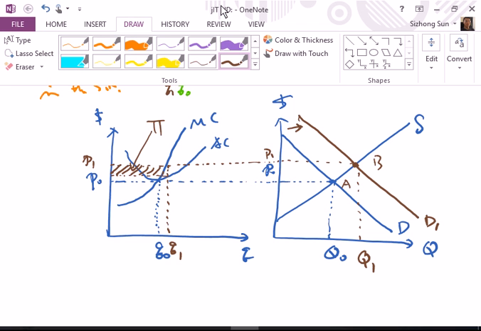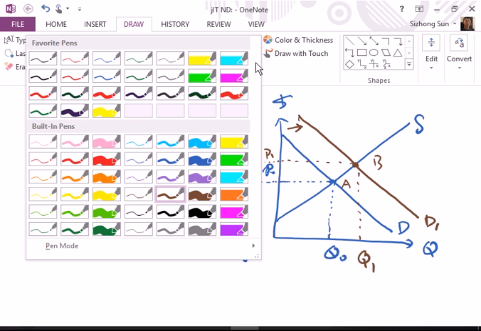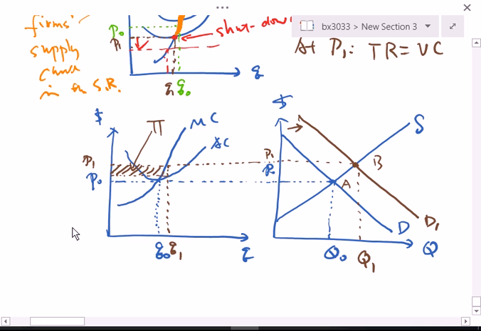As time passes by, because we know that this is a perfectly competitive market, there's free entry and exit.